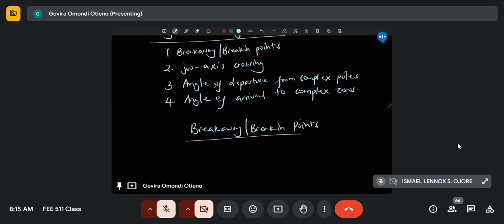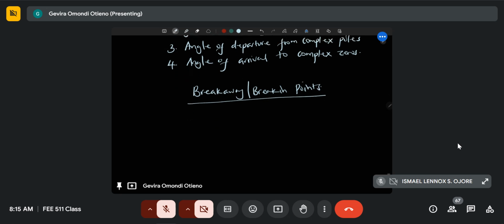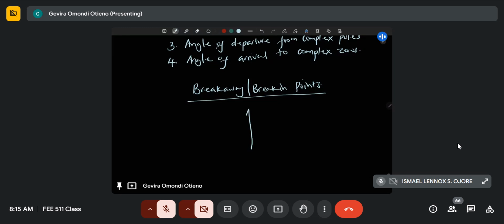How do you calculate this? Okay. Now, I'm just giving a sketch. If you have a root locus that looks like this, just a typical sketch, so let's say our root locus looks like this.